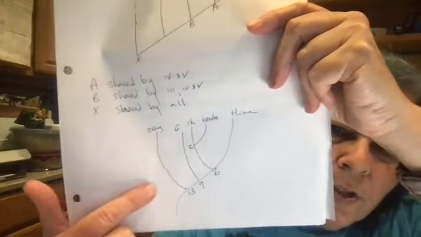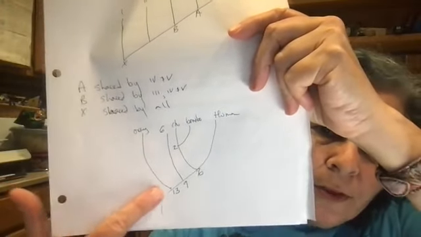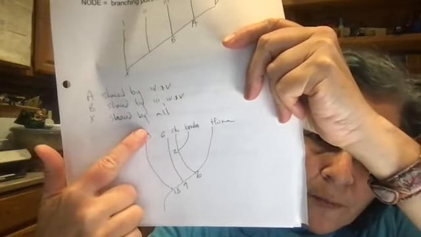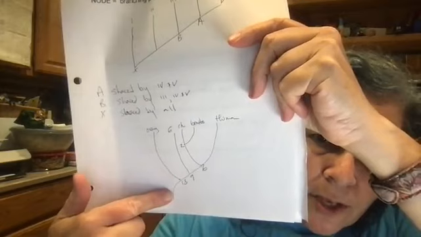The other way of showing this is called evolutionary taxonomy or systematics. That uses trees to show ancestor-descendant relationships, and it talks about how long ago they branched and how long each species has occurred. Here's an evolutionary tree. 13 million years ago, orangutans split off from the common ancestor down here.